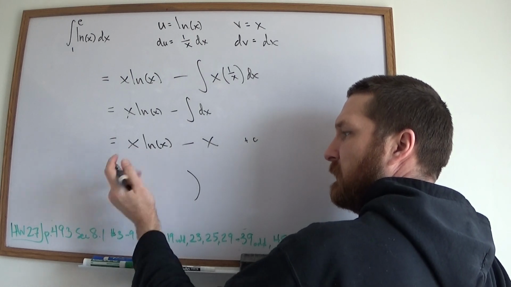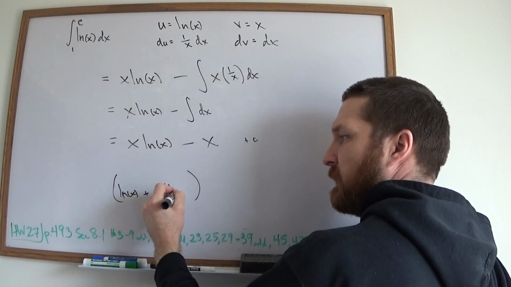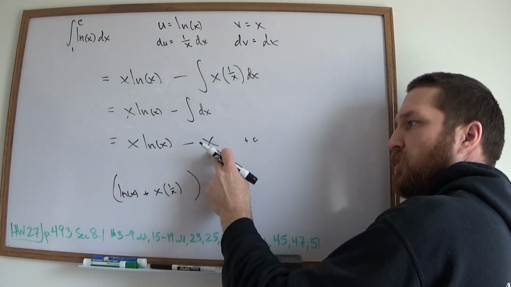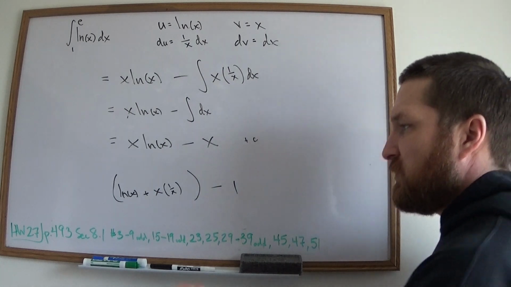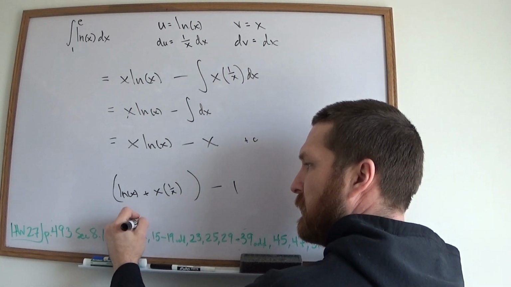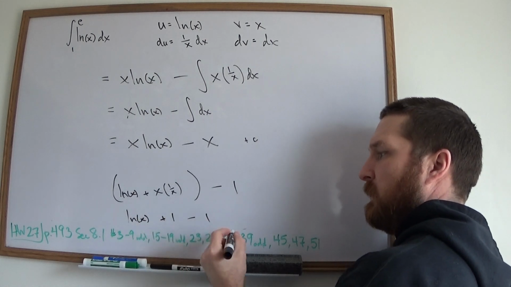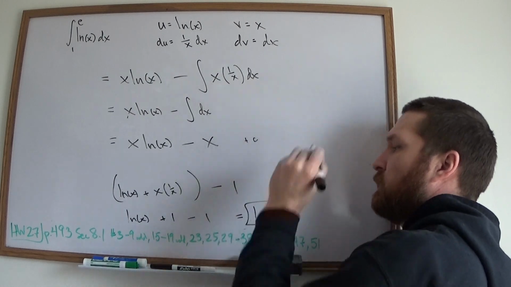Add that to, leave this part alone, take the derivative of that, that's just 1 over x. Minus, this just goes to 1, the c is a 0, and so we get log x plus 1 minus 1 is indeed log x. That is what we wanted.